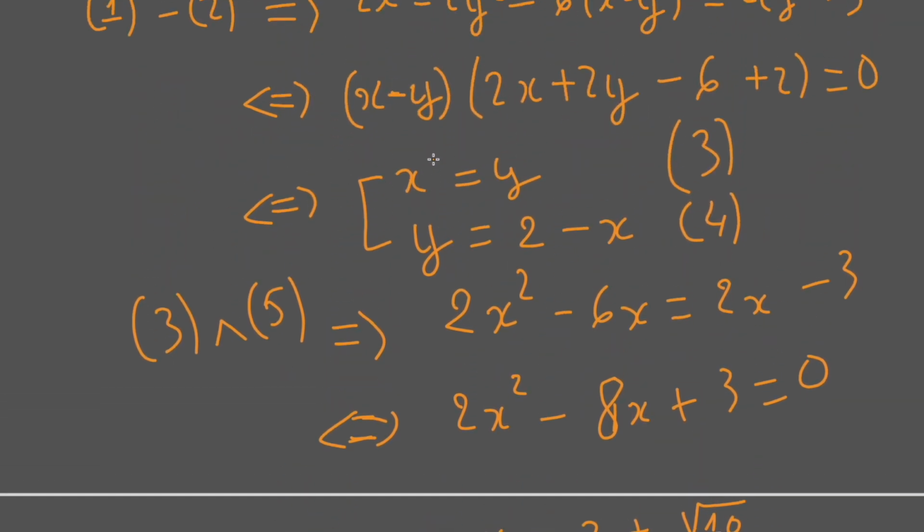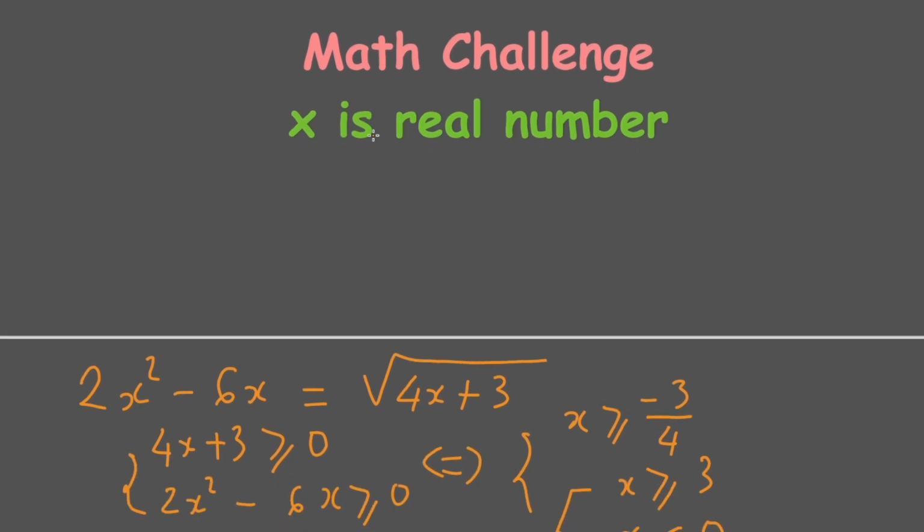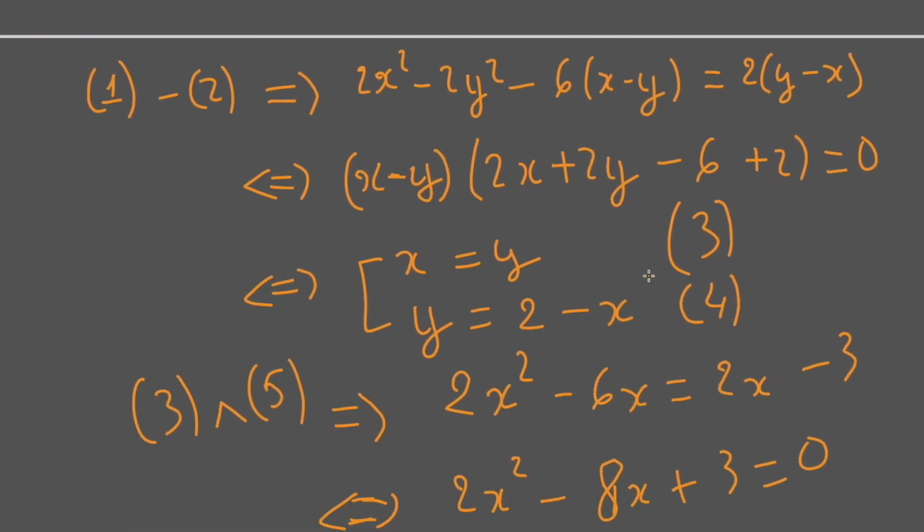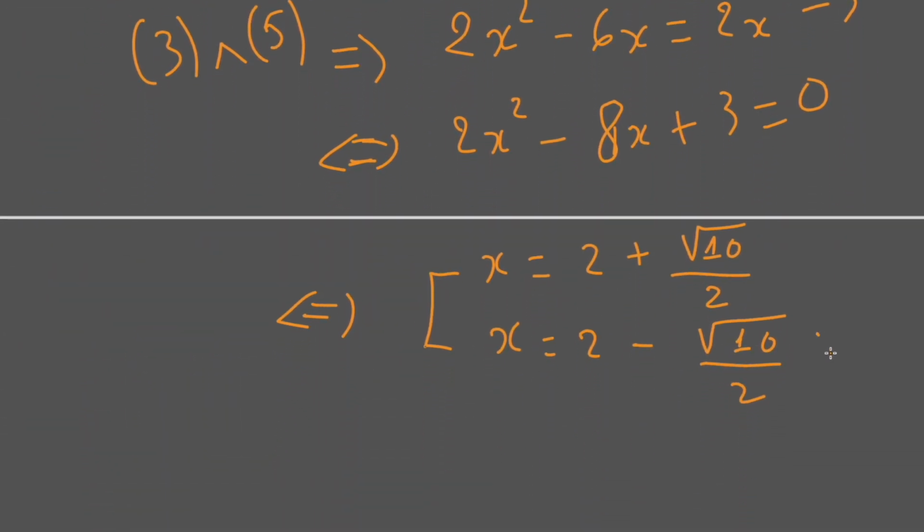But can we compare this to the condition? If x is greater than 0, x has to be greater than or equal to 3. So we don't accept the second one because it does not satisfy the condition. We just accept the first one.